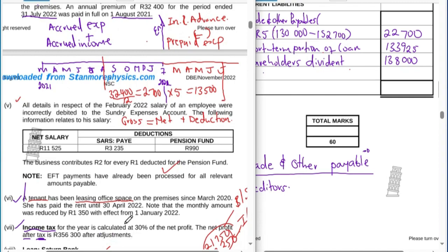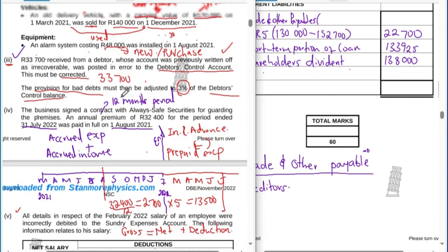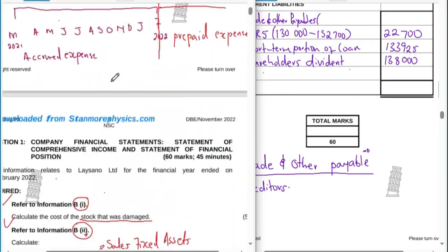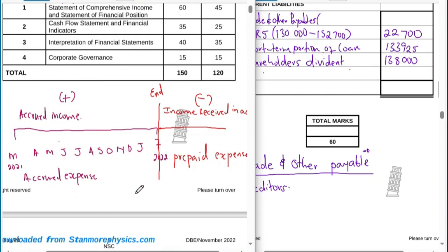Also, what we are going to look at is our timeline. Anything that has not yet been received in the business is accrued income, then it's positive.